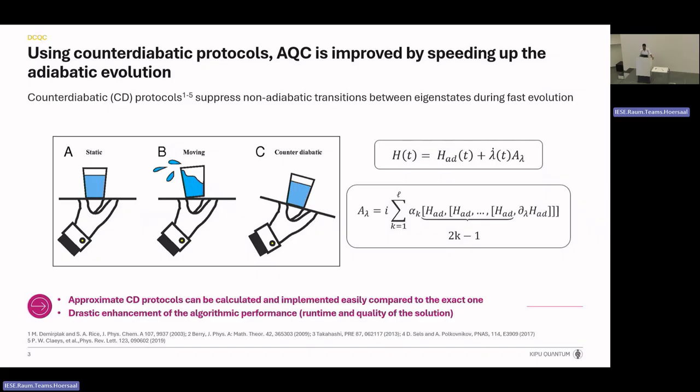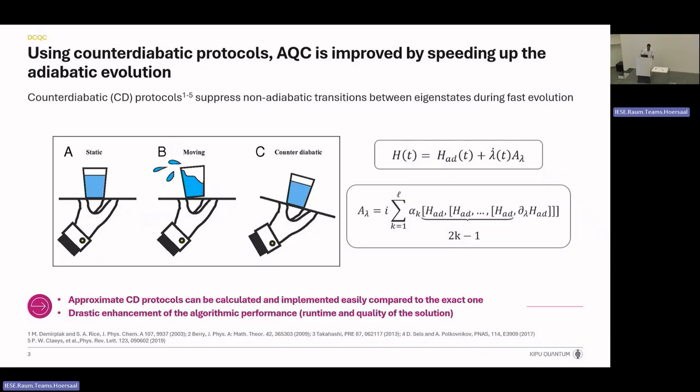Why not approximate it? And there comes this paper in 2017 by Polkovnikov. They came up with an approximate method. Instead of completely suppressing this excitation, they propose a method where they partially suppress it. It's called approximate counterdiabatic methods.